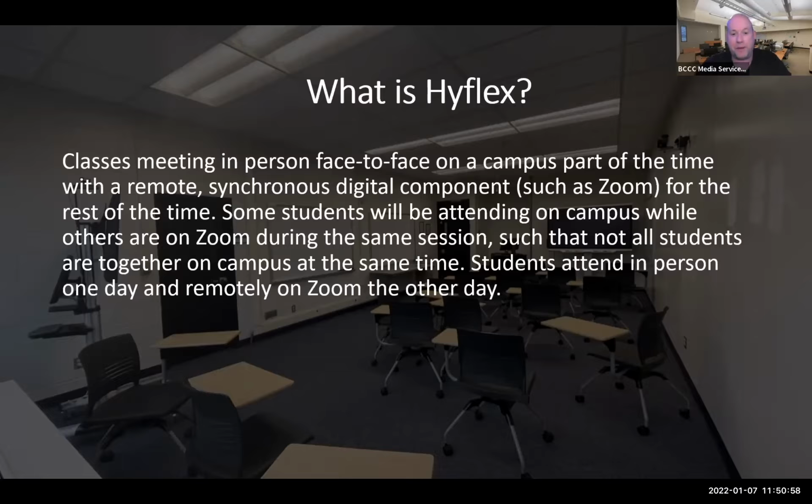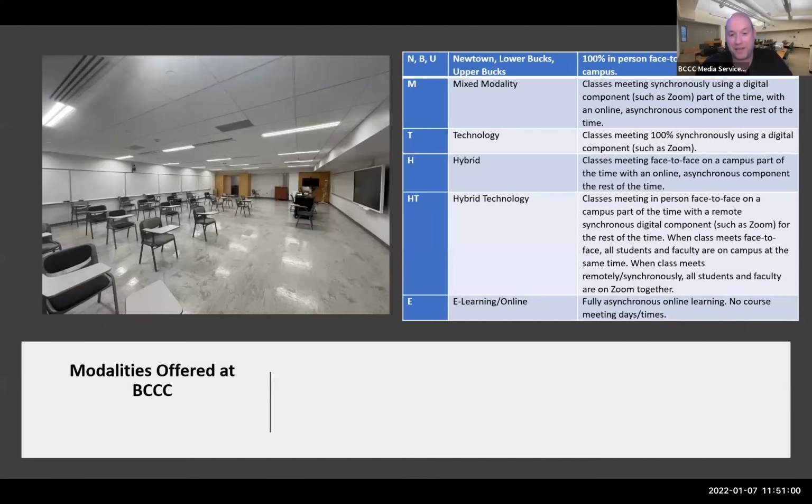So let's talk a little bit about some of the modalities that we have here at Bucks, because there's a lot of crossover with these and some of them can be quite confusing. So I removed the Hyflex one from this grid since we just defined it.